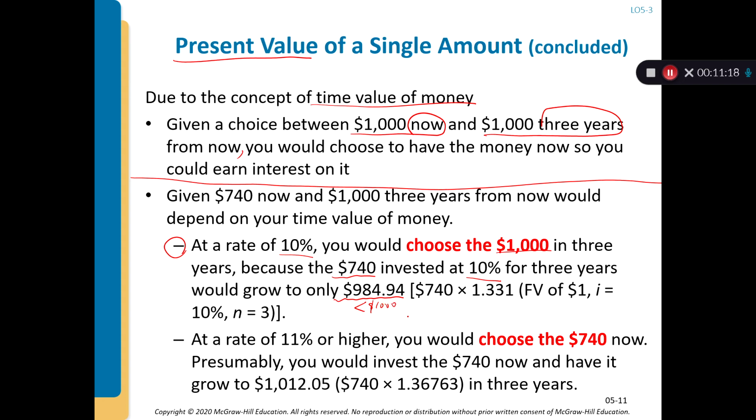So it's a better deal that I take $1,000 3 years from now. However, if the interest rate is 11% or even higher, I would recommend you choose the $740 now, because if you invest $740 now, you will get at least $1,012 3 years from now, which is much bigger than $1,000. So therefore, I believe it all depends on the future return of the money, right? Then that way you can decide which investment choice is the better one.